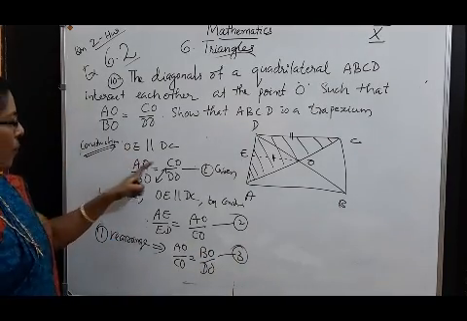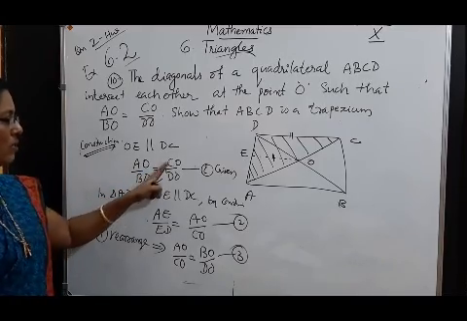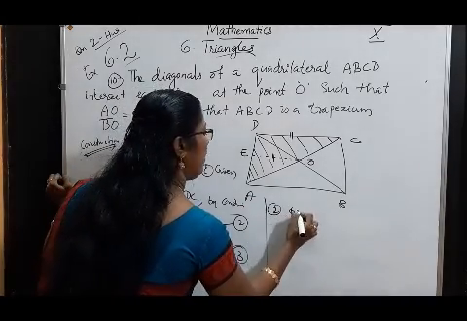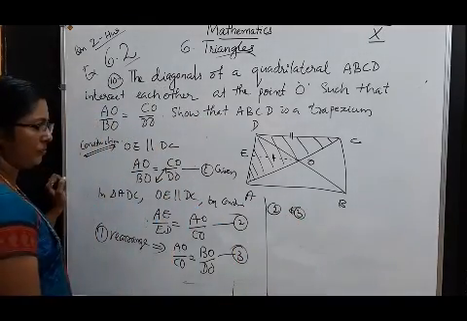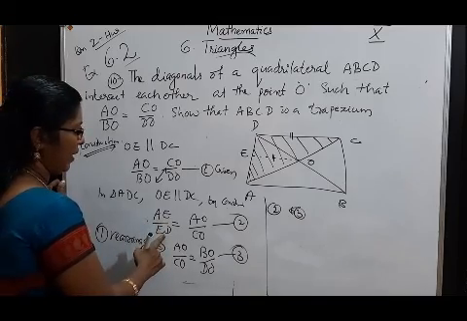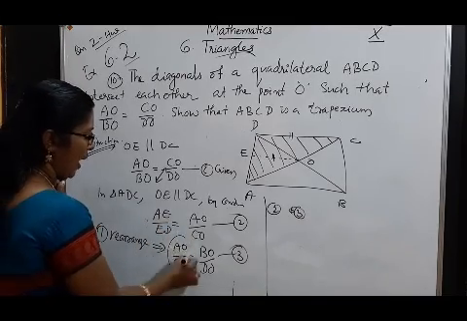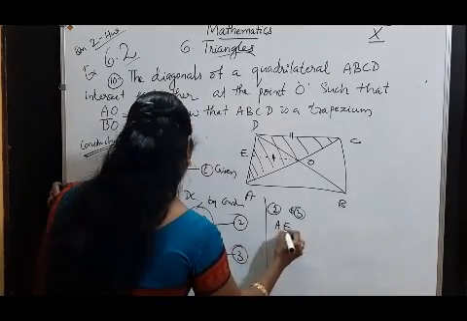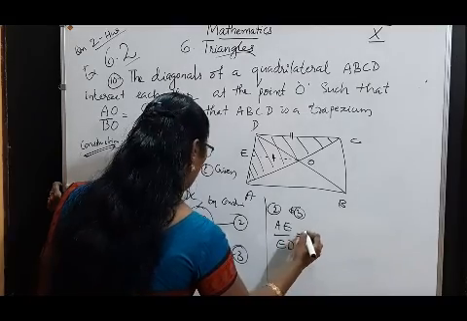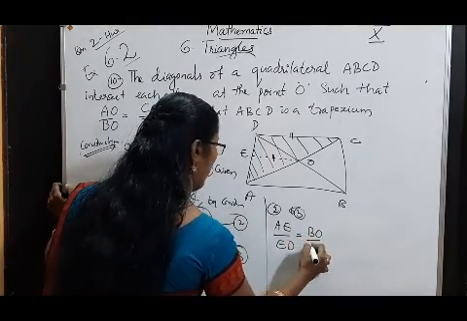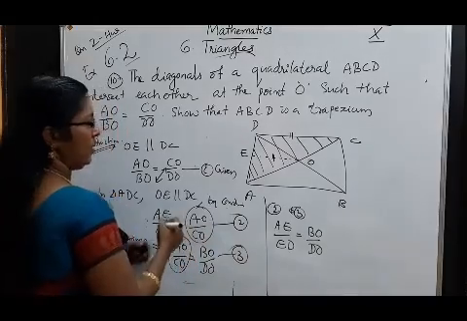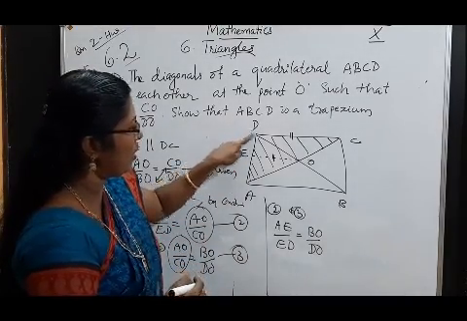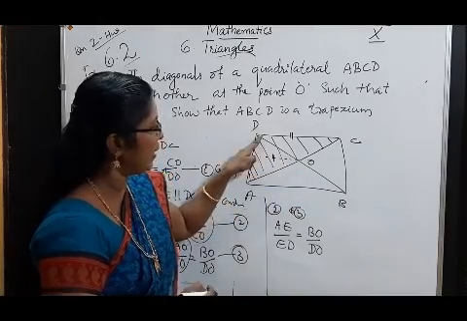From 2 and 3, AE by ED equal to AO by CO, and here AO by CO is BO by DO. So, AE by ED equal to BO by DO. Listen. AE by ED equal BO by DO.